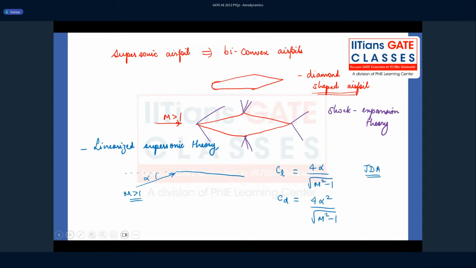I told you we generally use biconvex airfoils or diamond-shaped airfoils for supersonic flow, and the aerodynamic coefficients here are functions of alpha and Mach number. You can see here CL and CD as given by these formulas. These are directly from the linearized supersonic theory. If you want to know more about this, please refer to the section in John D. Anderson. So this is the formula for CL and CD.